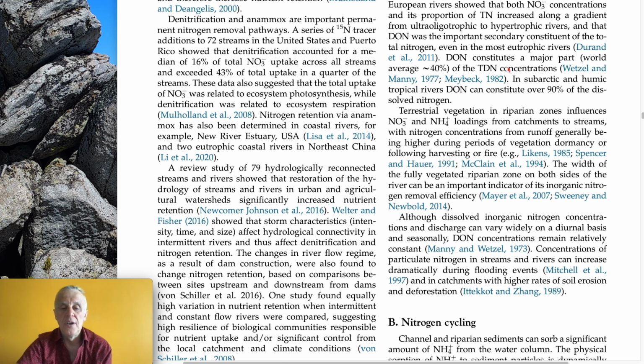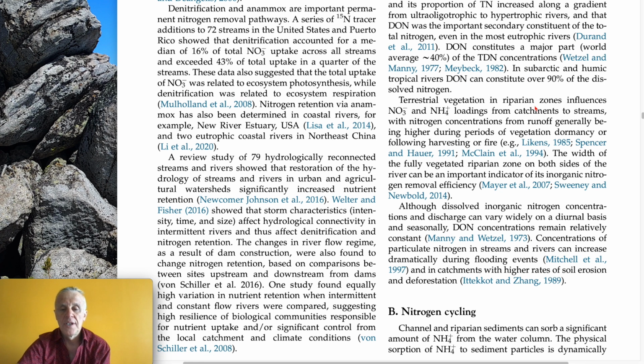A review study of 79 hydrologically connected streams and rivers showed that restoration of the hydrology of streams and rivers in urban and agricultural watersheds significantly increased nutrient retention. These authors showed that storm characteristics, intensity, timing, and size affect hydrological connectivity in intermittent streams and thus affect denitrification and nitrogen retention.